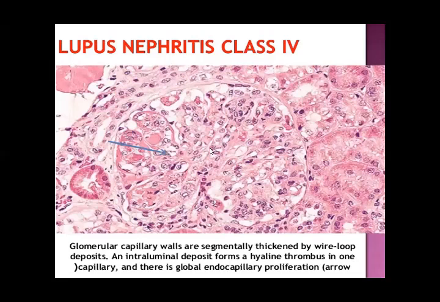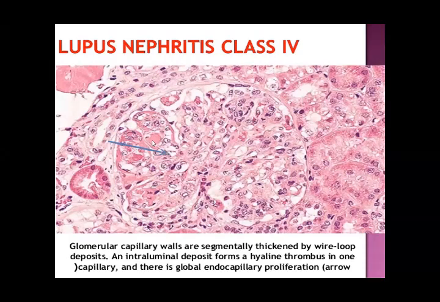In lupus nephritis class 4, glomerular capillary walls are segmentally thickened by wire loop deposits. Intraluminal deposits form hyaline thrombi in capillaries. These are hyaline deposits, and there is global endocapillary proliferation. The whole glomerulus undergoes proliferation.